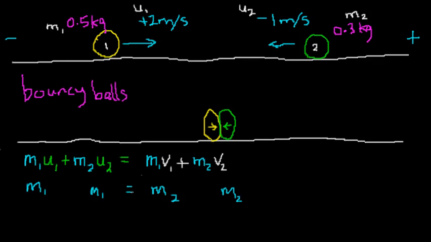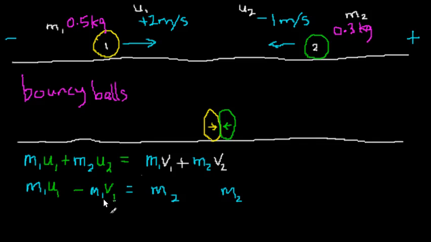So I'm going to rearrange this. I would keep the U1 here. So M1 U1, the same. I'm going to move the M1 V1 over to the left, so I get a minus M1 V1.